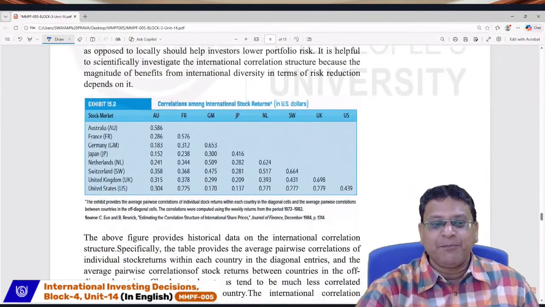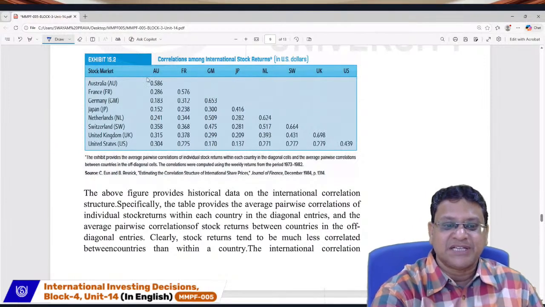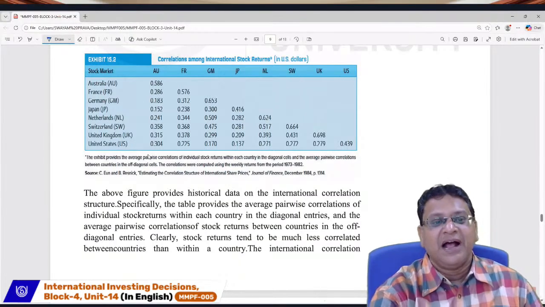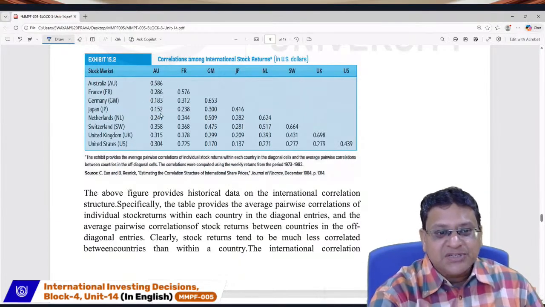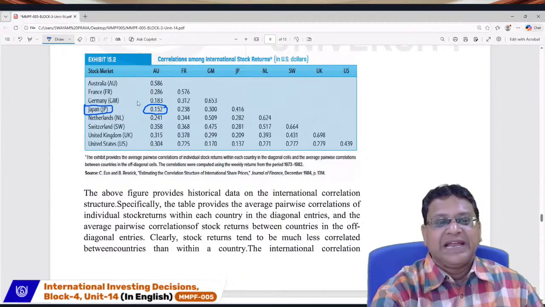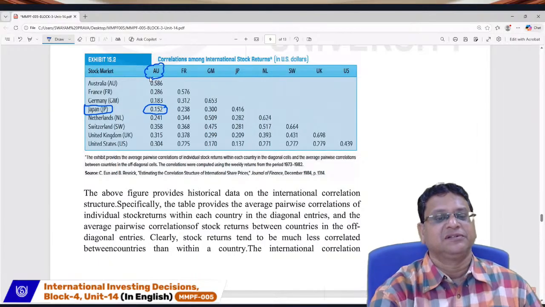Okay, let's take an example, Australian market. Suppose you have an Australian stock exchange and these are different countries with which correlation is given, and you see that the correlation of Australian stock market return is less with Japanese market return. So Japan is an ideal market for investment for Australian investors.